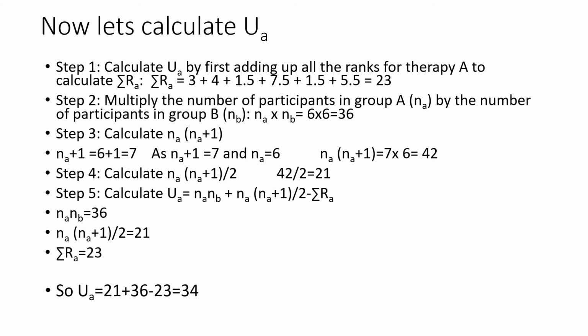And so as NA times NB equals 36 and NA times NA plus 1 divided by 2 equals 21, and sigma RA equals 23, UA is going to be 21 plus 36 minus 23 equals 34.